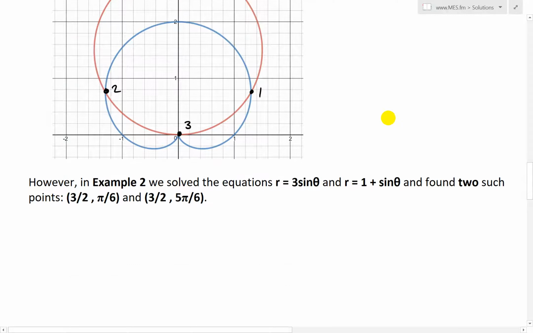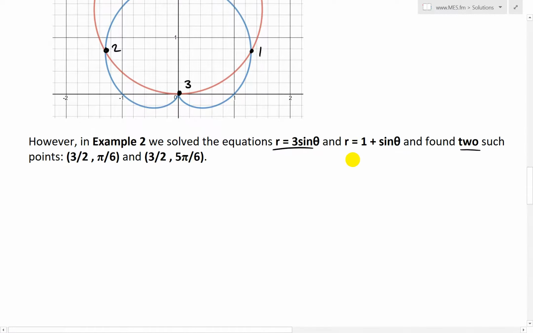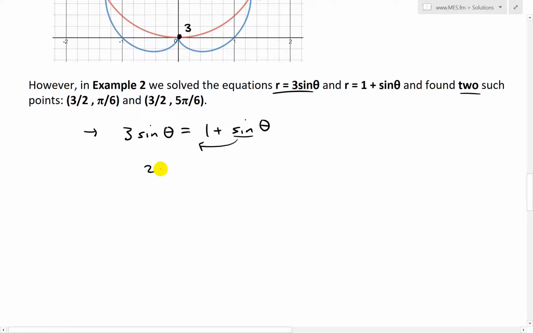However, in example 2, we solved the equations r equals 3 sine theta and r equals 1 plus sine theta and found 2 such points: 3 over 2, pi over 6 and 3 over 2, 5 pi over 6. To find 1 and 2, I set these two equal to each other, so that 3 sine theta for the circle equals 1 plus sine theta for the cardioid. Moving this over to the other side, we get 2 sine theta equals 1.